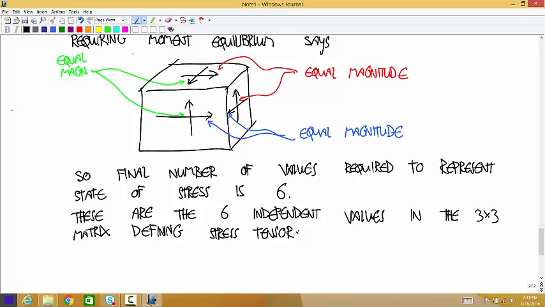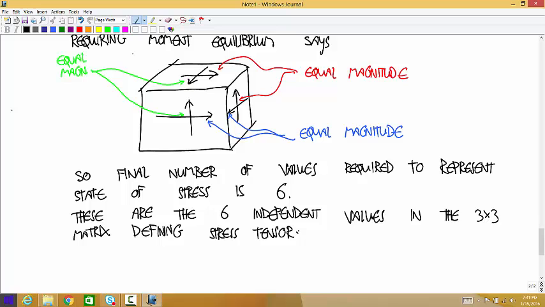Stress tensor, what is that referring to? Exactly, the cube. So you can think of it this way: what is a vector? A vector is an arrow that represents a magnitude and a direction. And then mathematically, to do math with it, you represent it as 3 components.